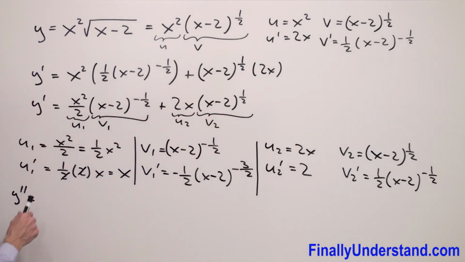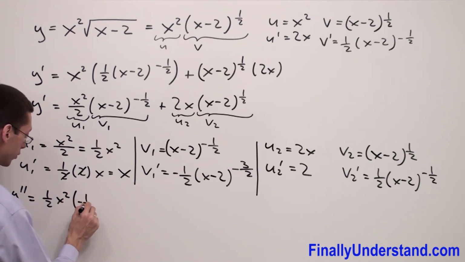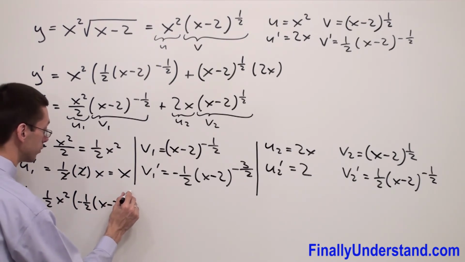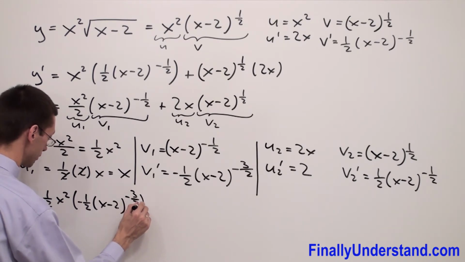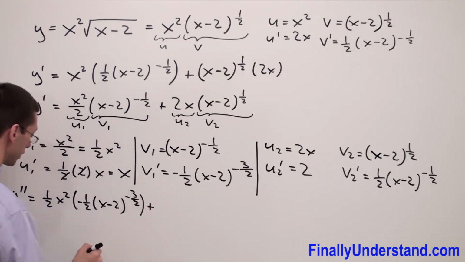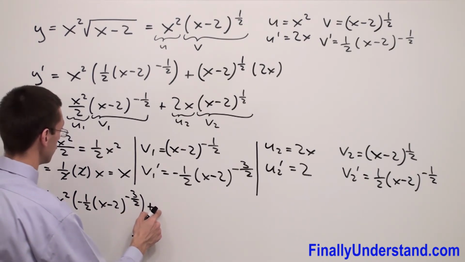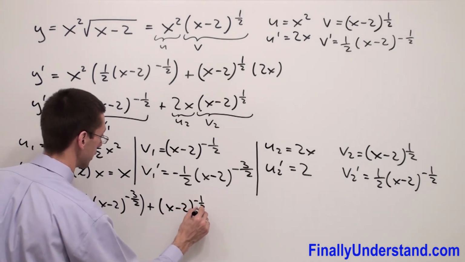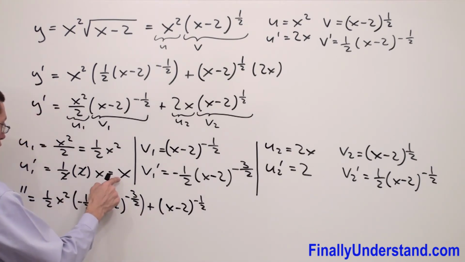So I have u1. u1 is 1/2 x squared times v1 prime. v1 prime is equal to negative 1/2 (x minus 2) to power negative 3 over 2, plus, okay, v is (x minus 2) to power negative 1/2 times u prime, which is equal to x.